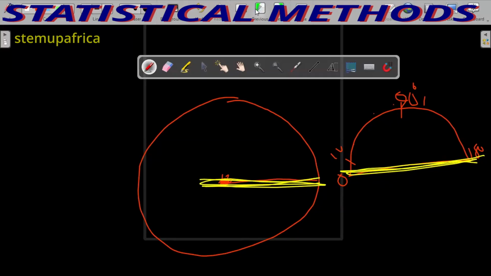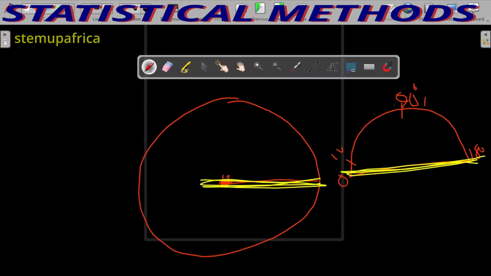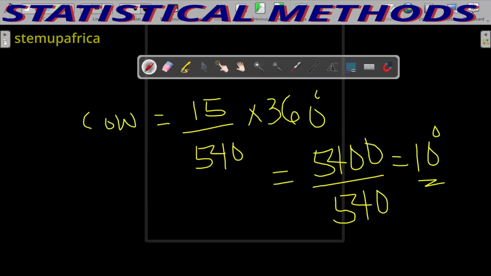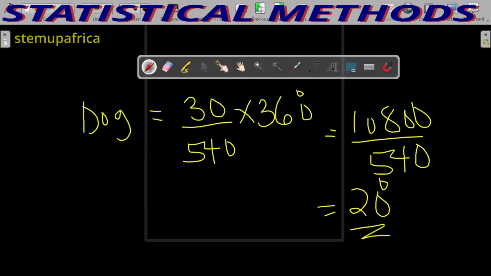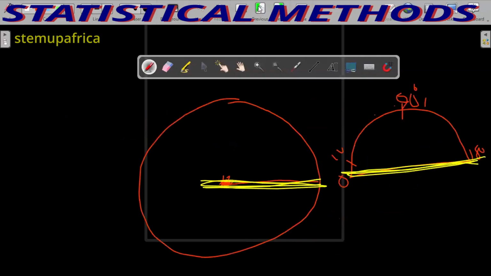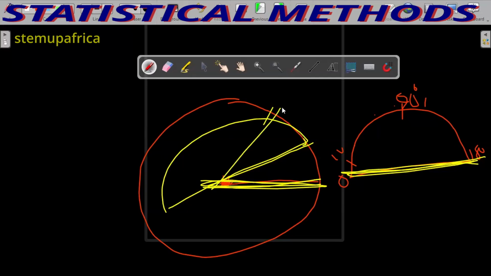What is the first angle calculated? It is 10. Then you measure 10 degrees as the first angle. So from here to here, I'll measure 10. Then you put your T-square in this manner, and from here you measure 20. You roll it, and just like that you get to the last one, which is 68 degrees.